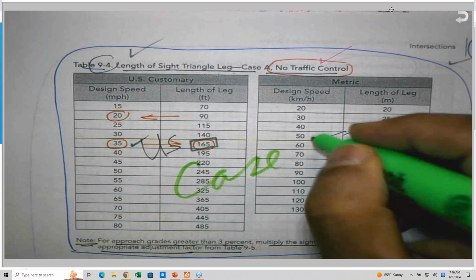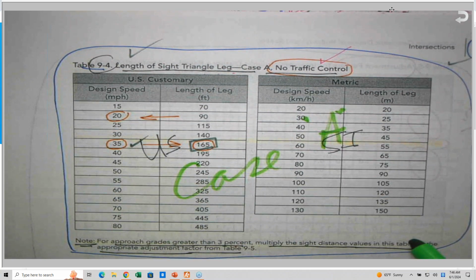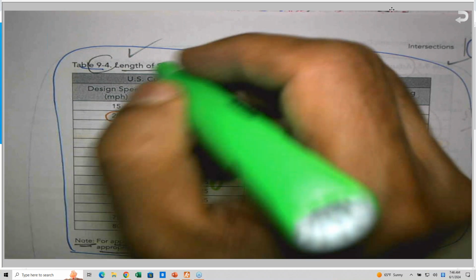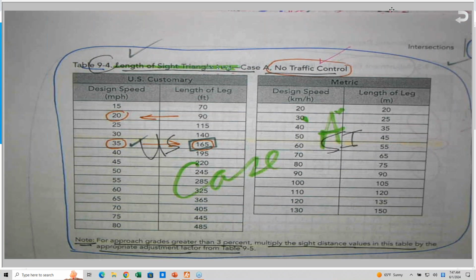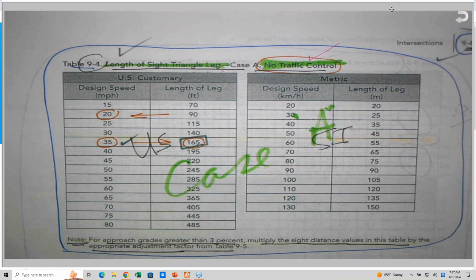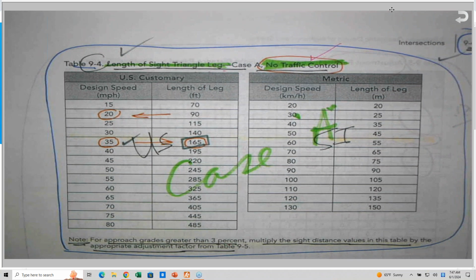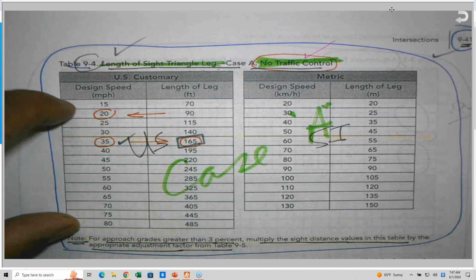Case A, where we have no control at all, and this is the length of the sight triangle. Here it is, no traffic control at all, no stop sign, no yield, no signal for sure. And they developed this table based on what?